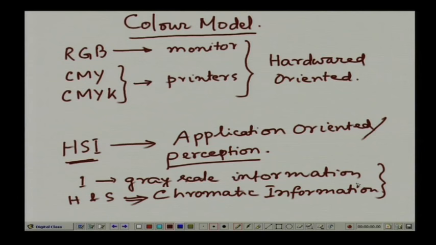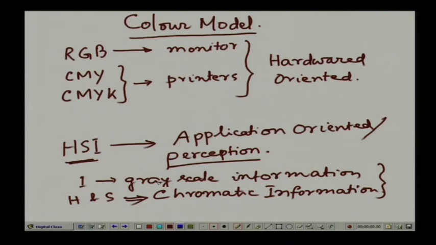So, all the algorithms which are developed for grayscale images can also be applied on the intensity component, or I component, of this color image. Now, first let us discuss the RGB model. So, we will talk about the RGB color model first.